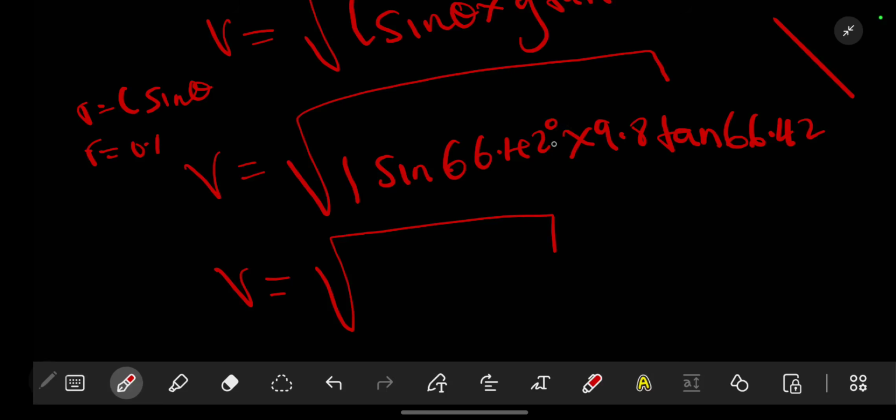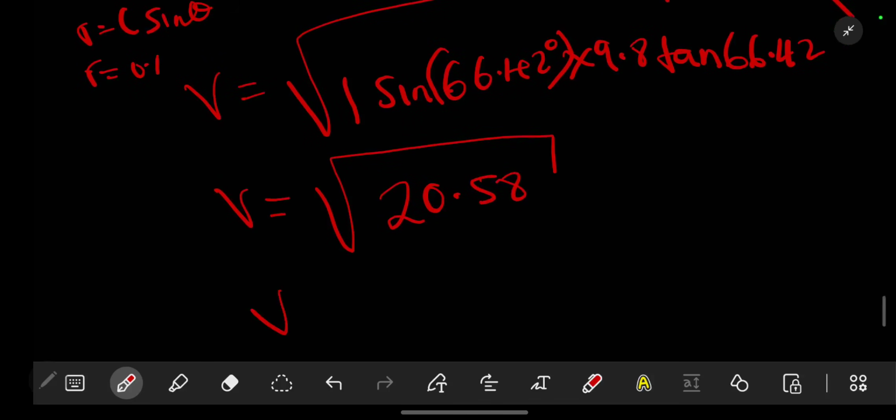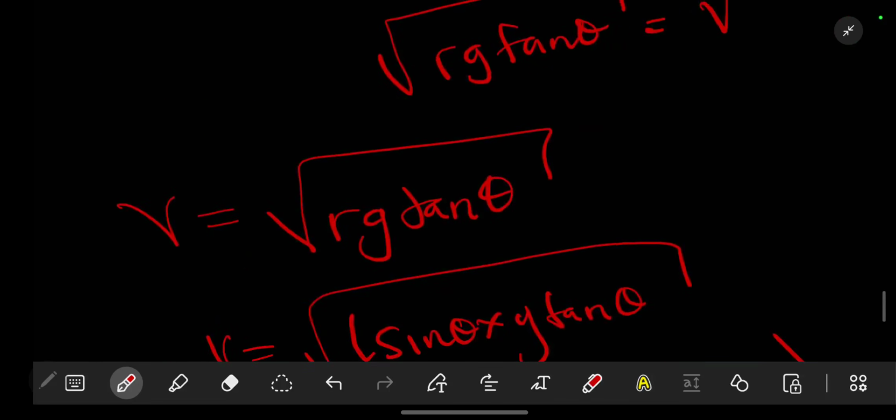First press like this in one bracket, then times 9.8, which gives 8.98, then times the tan of the angle 66.42. This gives us a value equivalent to 20.58. So the square root of 20.58 gives us 4.54. So this is our speed.